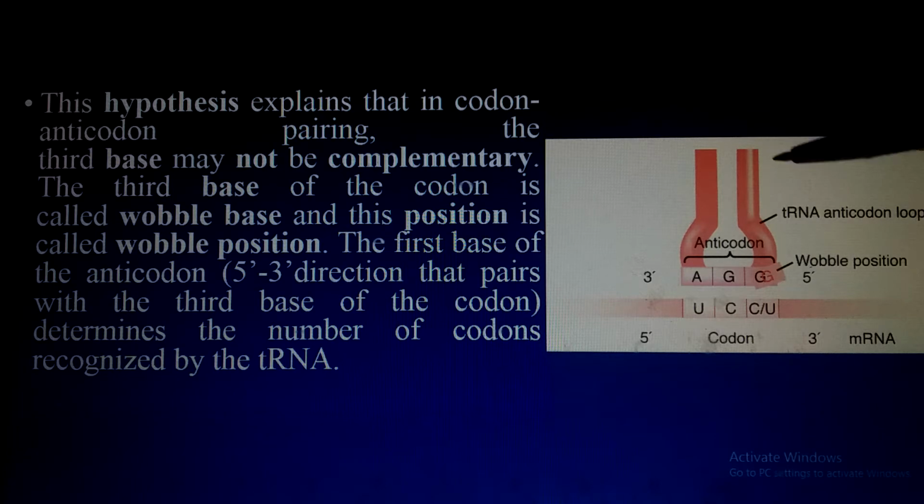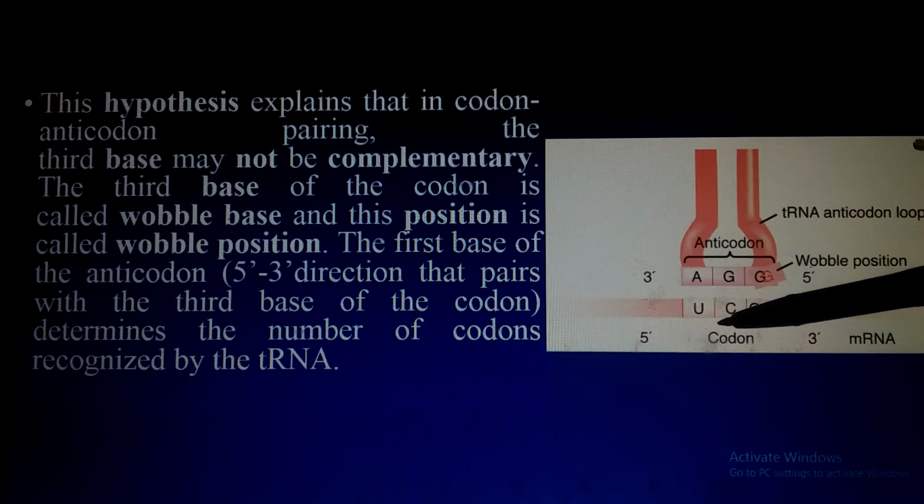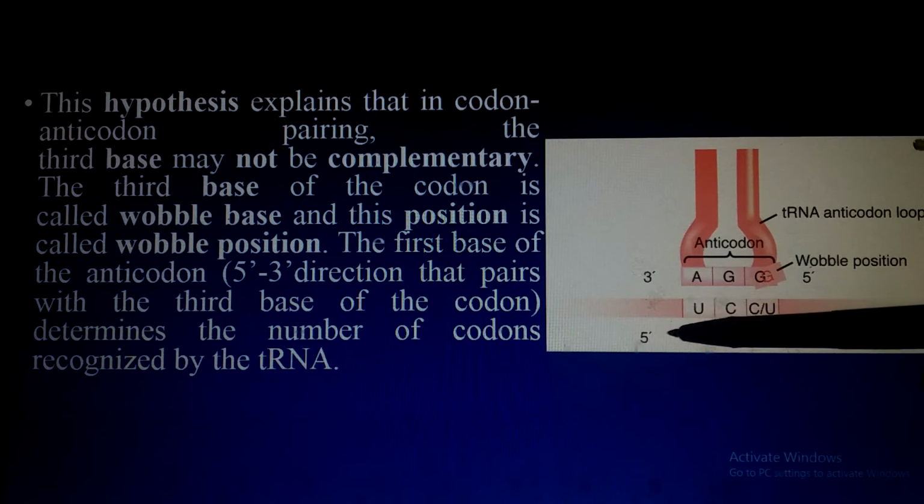You can see this is the anticodon present in the transfer RNA, and this is the 5 end, and you count from this direction. So this is position number 1 of the anticodon. And if you see here, this is position number 1 in the 5 to 3 direction of the codon.